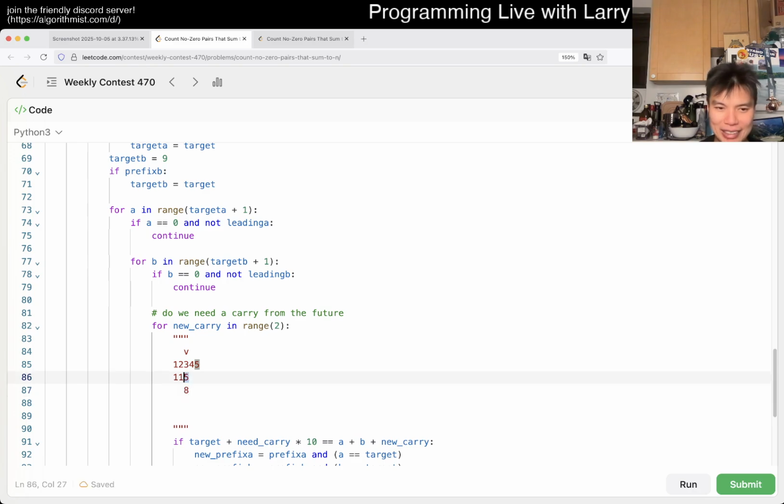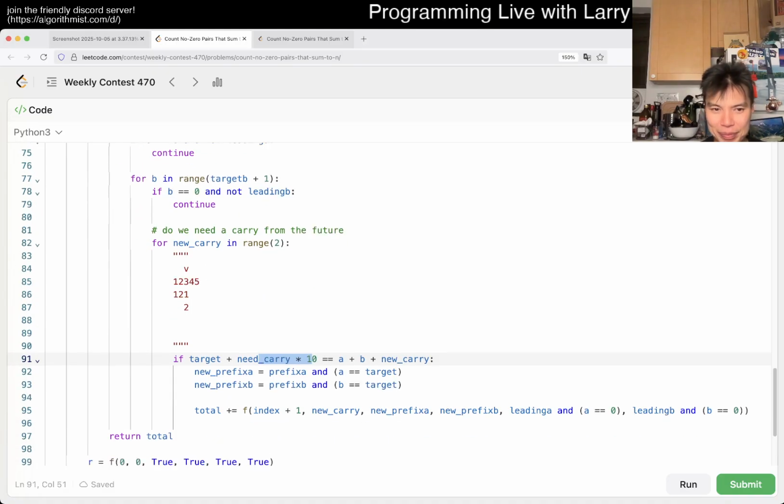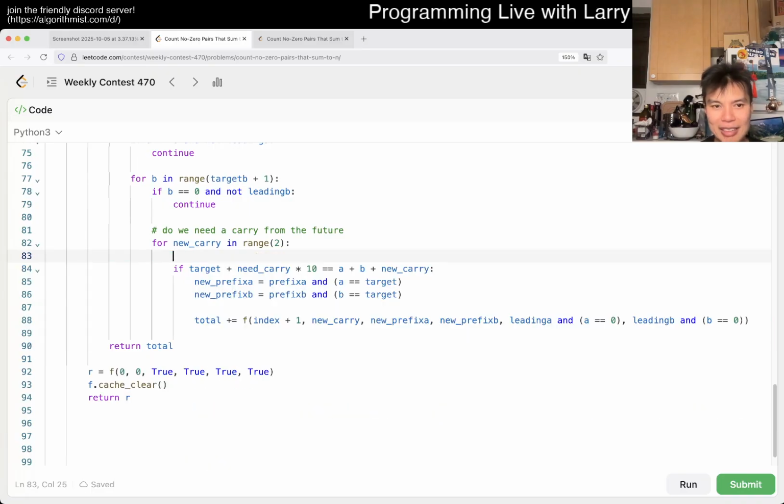But then this is a random pair. If you don't need a carry, then this is no longer a random pair: the 5 and the 8 could no longer match, so in this case it would just not match. But someone like that would match, for example, right? So this is what it does. You're looking for the target plus either 10 or not 10. And then that's basically it.